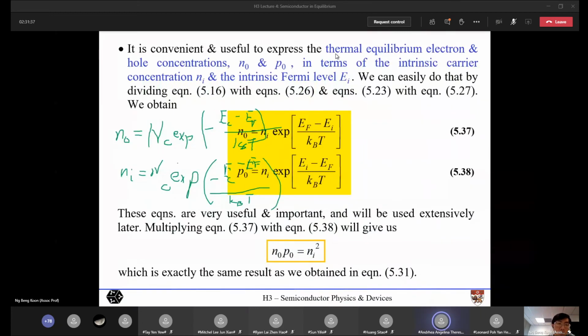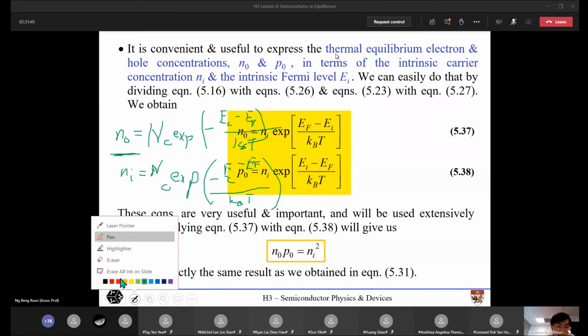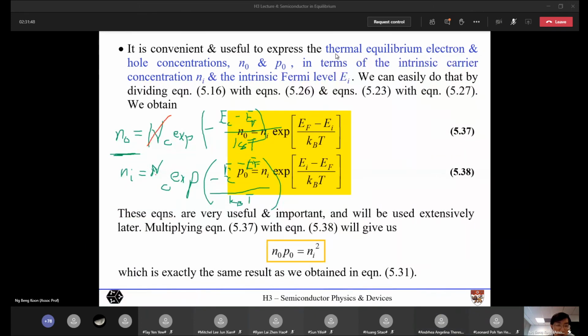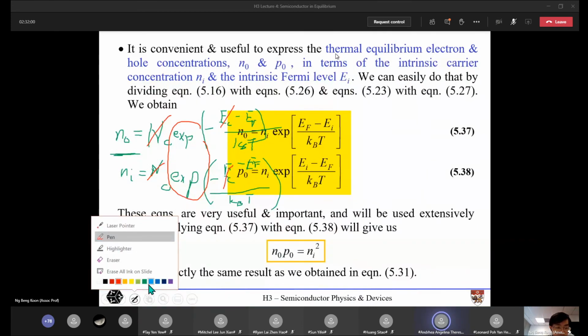So another thing we could do is to divide these two terms. We divide N naught by Ni. You find that the NC will cancel out, and if you combine the exponential function, you will also see that the EC will cancel out, and that just leaves you EF and EI.